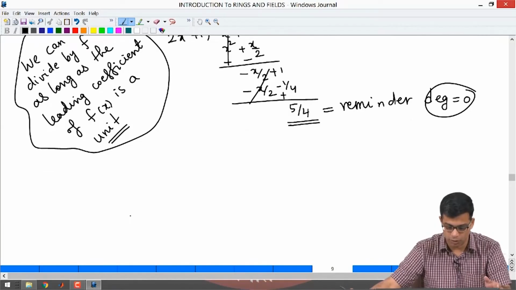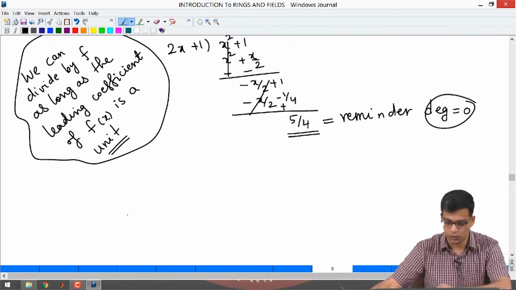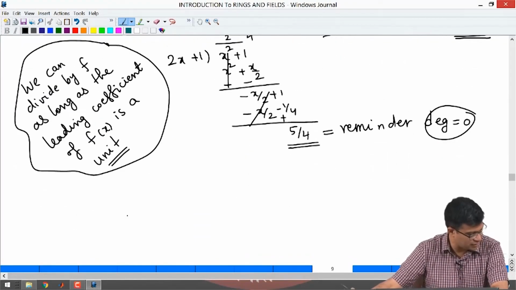I want to write one more important property that is useful to keep in mind, and this example illustrates this.